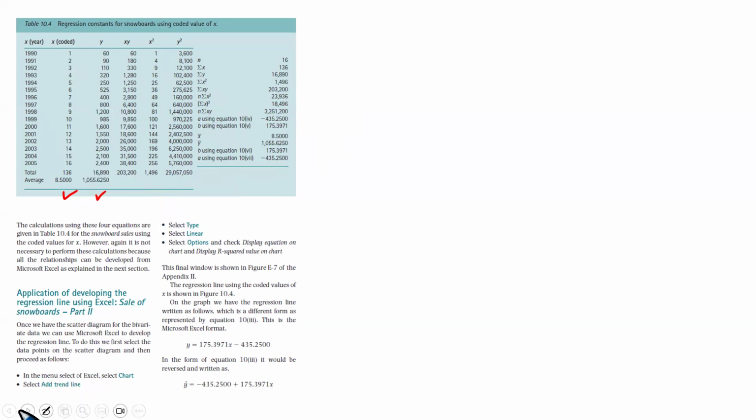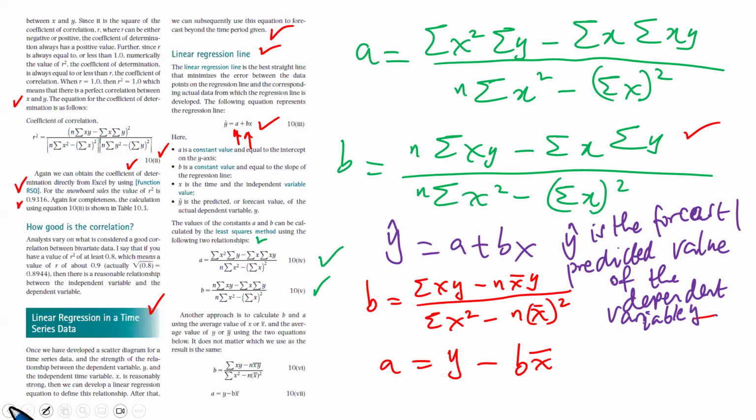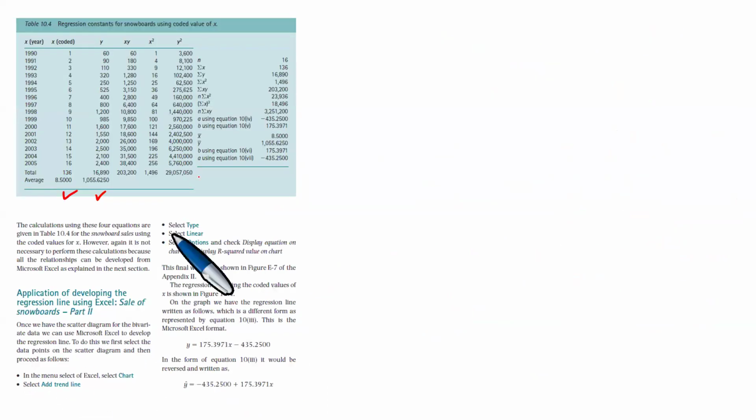We're interested in the averages of two variables: the average of X, which is the X bar, and the average of Y. Here we got the average of X at the bottom here, and the average of Y at the bottom here. The rest of these are the things we need.